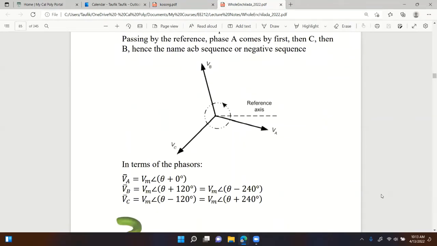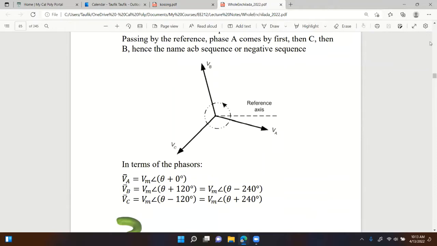And that would imply the phase angle relationship between the three would be different. Still 120 degrees, but if you have ACB, for example, then C would be behind A by 120 degrees, but B would be ahead of A by 120 degrees. So that will be reflected by the phase angles.